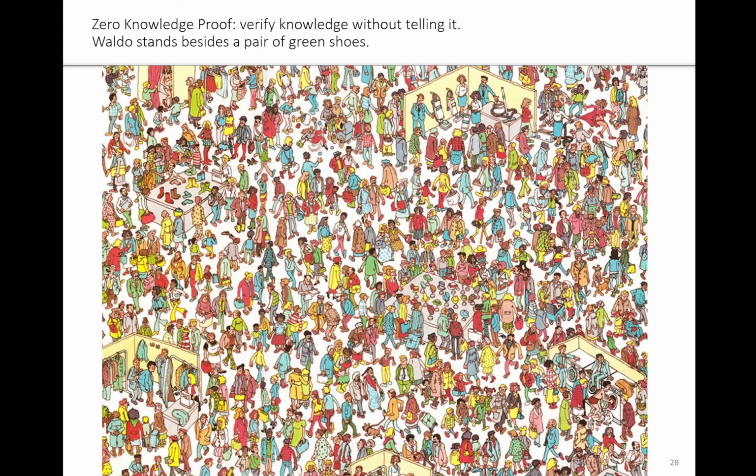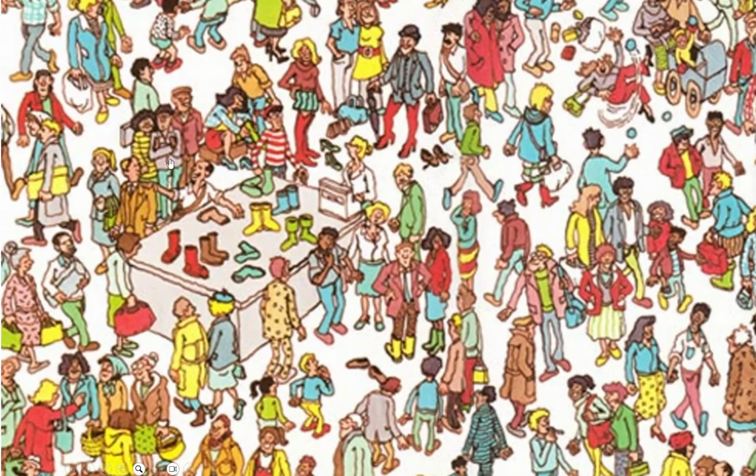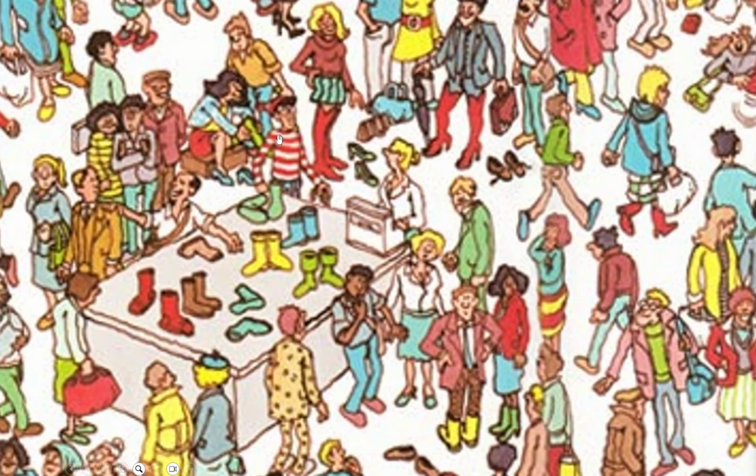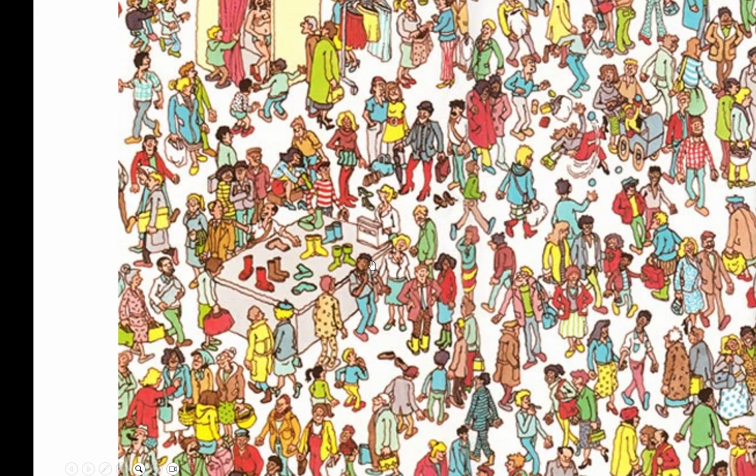And everybody who knows the secret can verify, and anybody who doesn't know cannot. So I think there he is. And everybody who wanted to verify knew the results. So there are the green shoes, there are the red boots. You could check it.